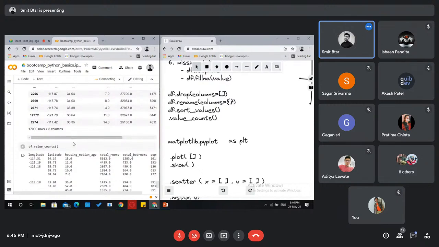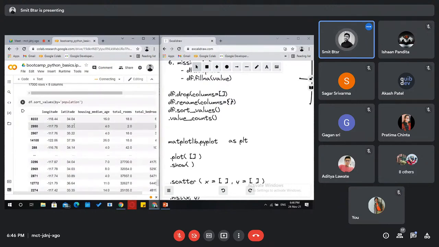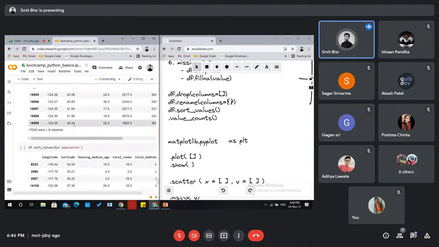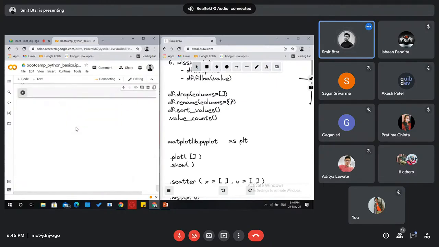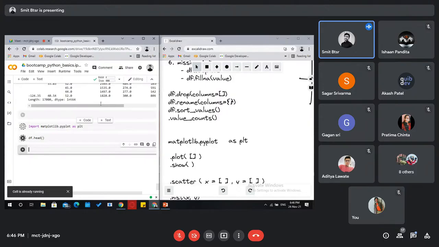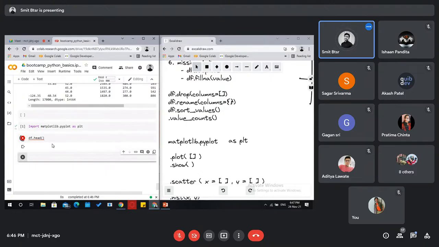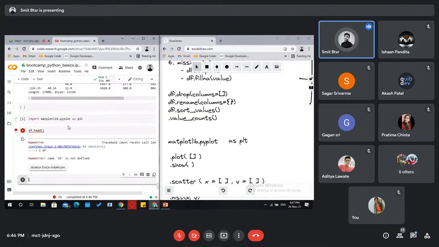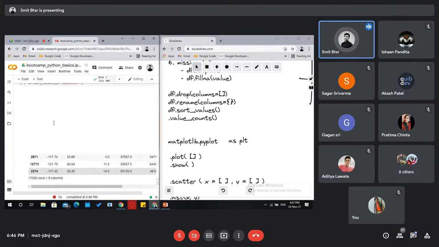So once we have imported the library, then we are ready to go. Let's just use this older data frame that we have named df. Let's see df.head, and it should be there. Okay, I need to run all these cells again.